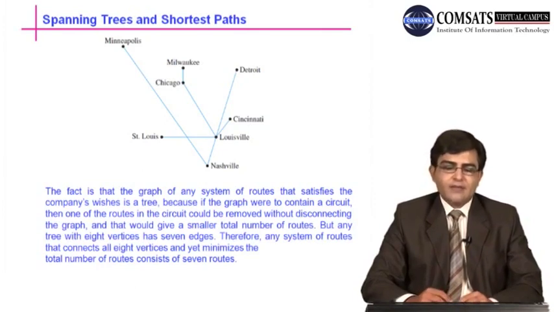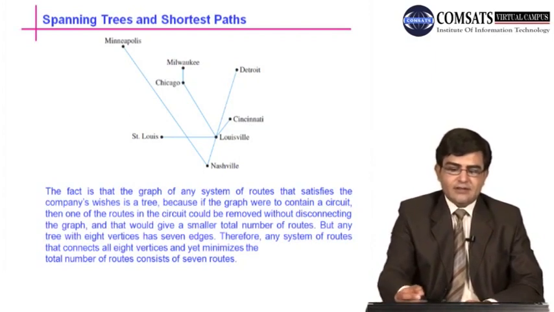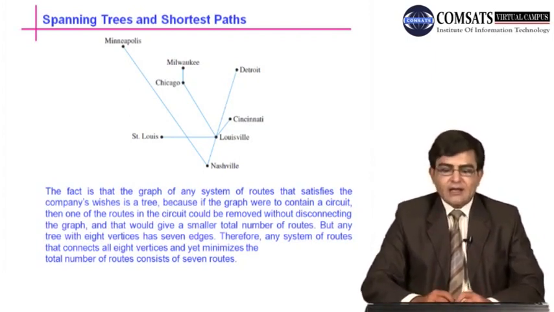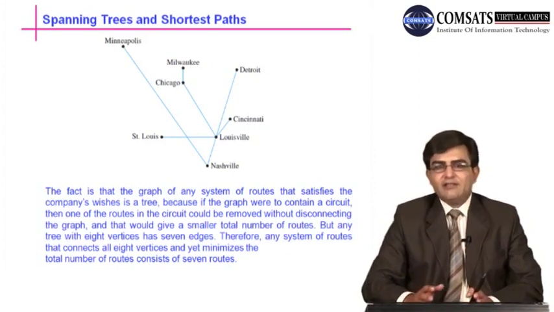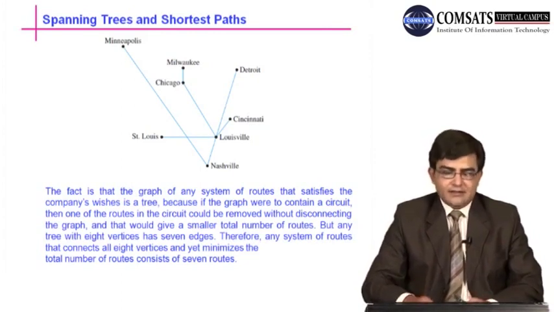So such a type of network is basically a tree, because for example, if we have 8 cities, and we have discussed in the basic definitions of trees that if we have n vertices, then a connected graph with n minus 1 edges is called a tree.